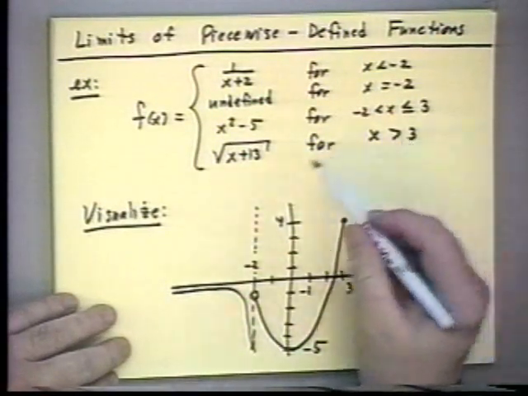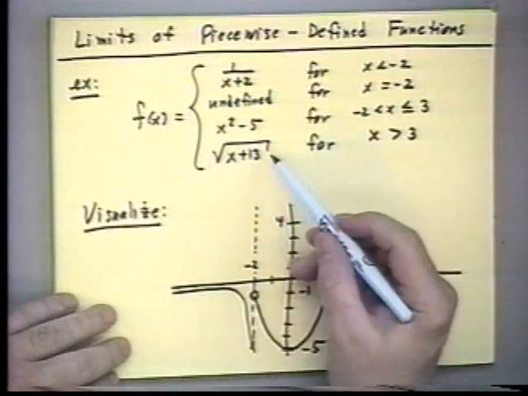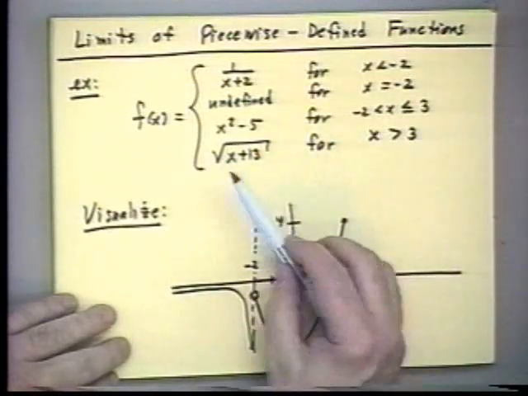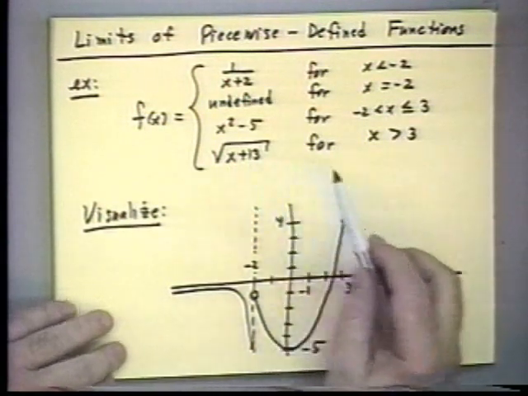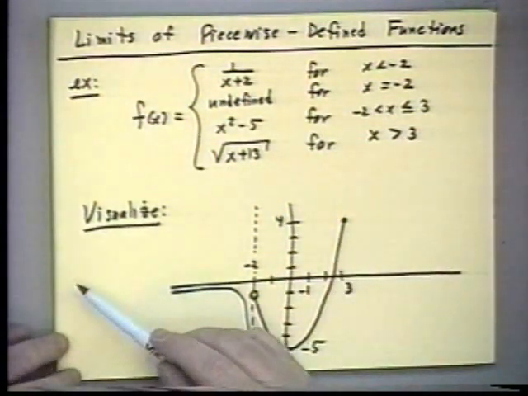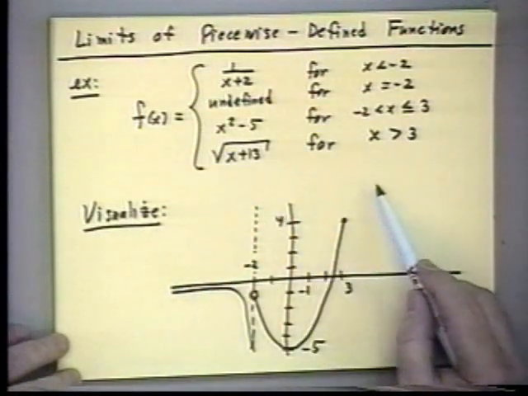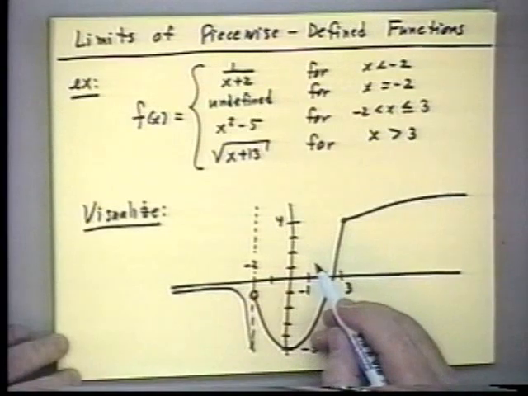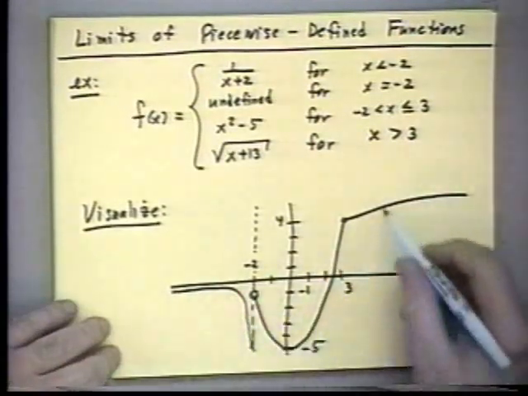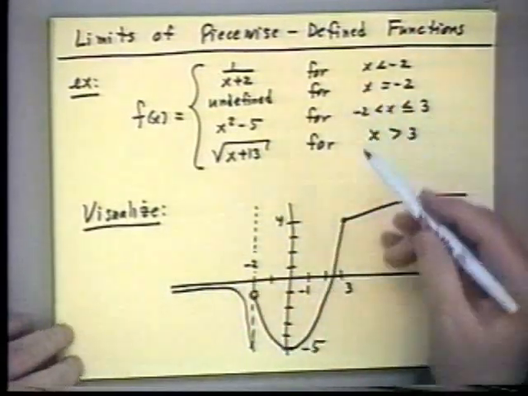Then for x greater than 3, the function is this square root function. Now if you look at this, you realize it's just the familiar square root of x function shifted left by 13, which means somewhere very far to the left, it just sweeps up like this. So that means the part that we have here will sweep something like that. So now we have a picture of this piecewise-defined function.